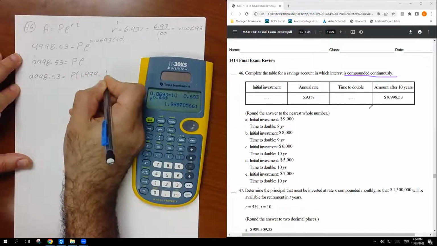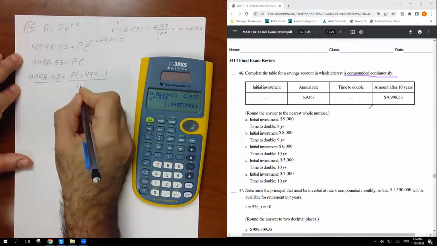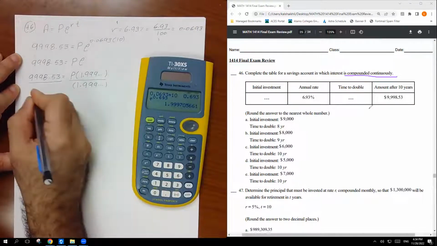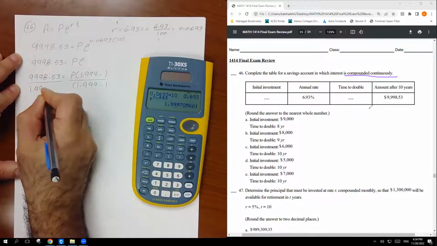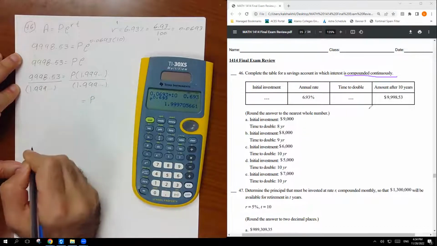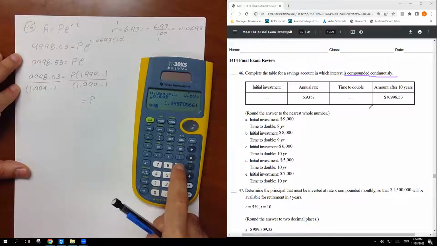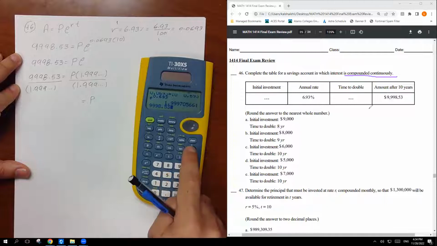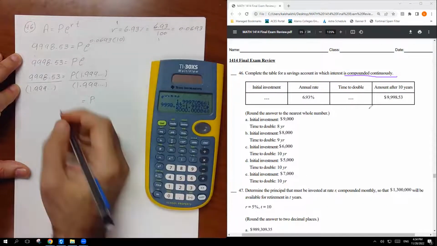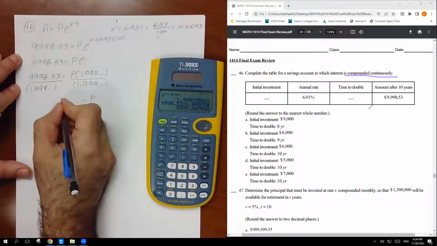The next step, I'm going to divide both sides by 1.999, so P is going to be 9,998.53 divided by this number. They ask you to round to the nearest whole number, so it's going to be 5,000.